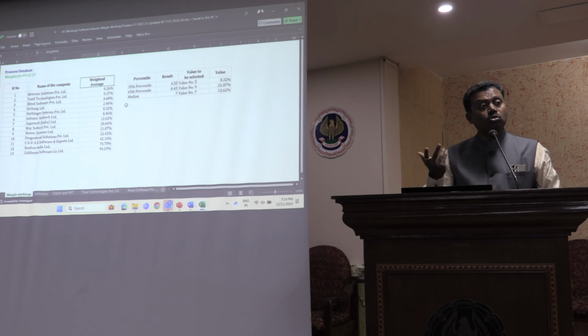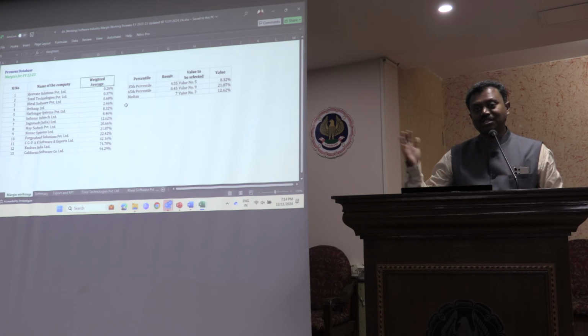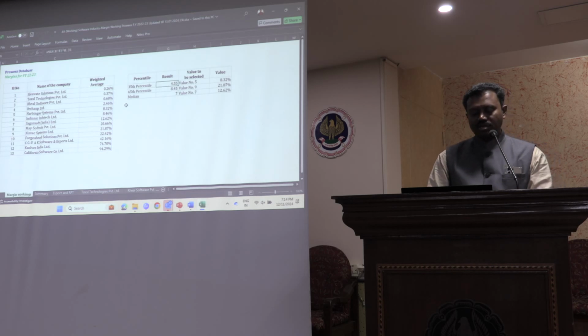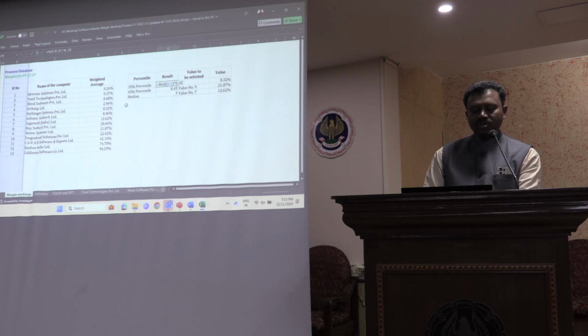ASTP also we go to, because what if you don't get anything in Progress? Somebody is there to save us, so ASTP is there. So here we have done the weighted average, serial number, and you can see this is sorted in ascending order. Out of this, the 35th percentile of the line items, the 65th percentile of line items.